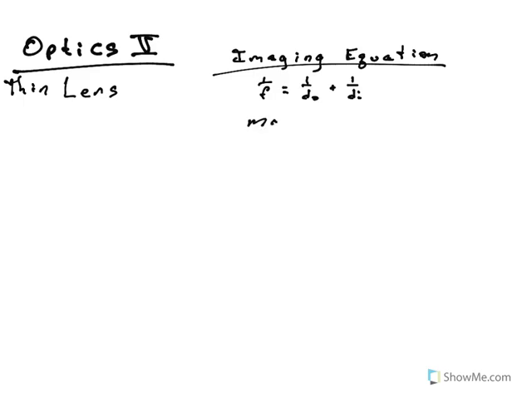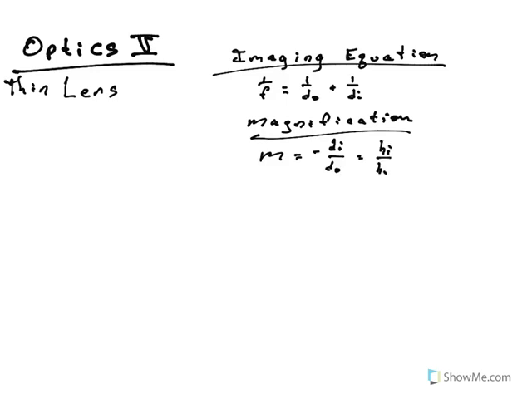And the magnification equation is exactly the same. Magnification is minus di over do, or if we happen to know the sizes, then it's hi over ho. So these are the same. That's good news. There are some subtle changes we have to worry about.